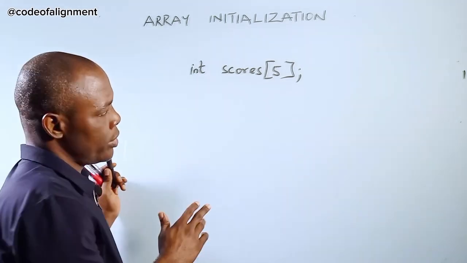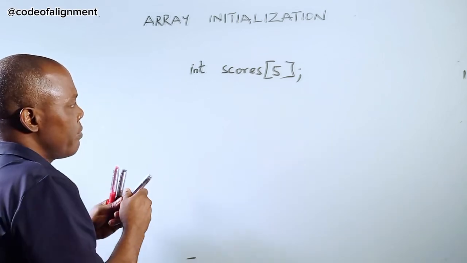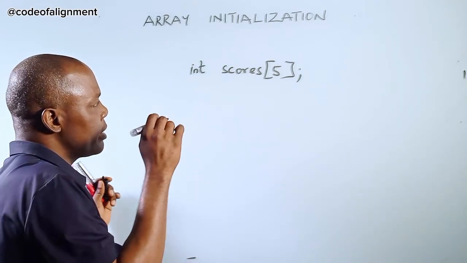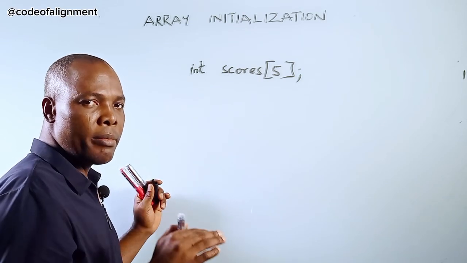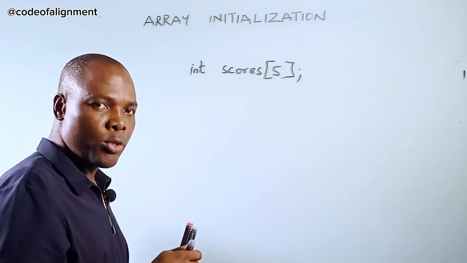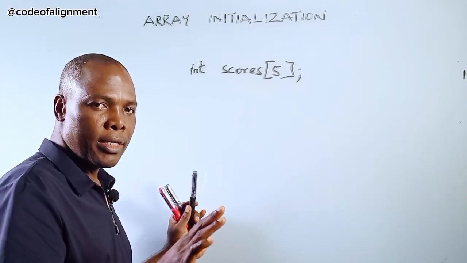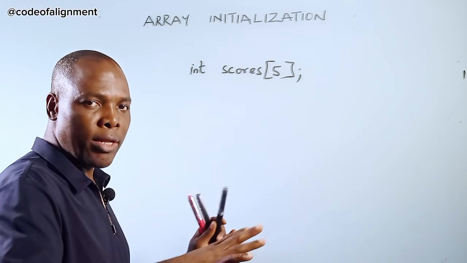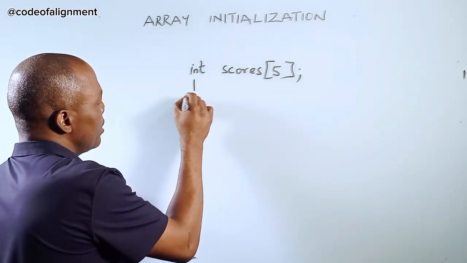So this is declaration. In this declaration, what you've done, you have given the data type, right? The array name, and the size of the array to the compiler. So at this stage, memory is allocated in the physical space. So this one is what?